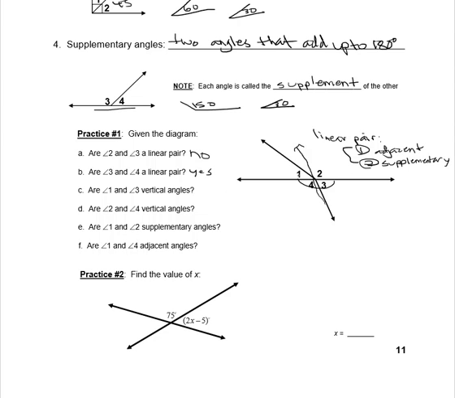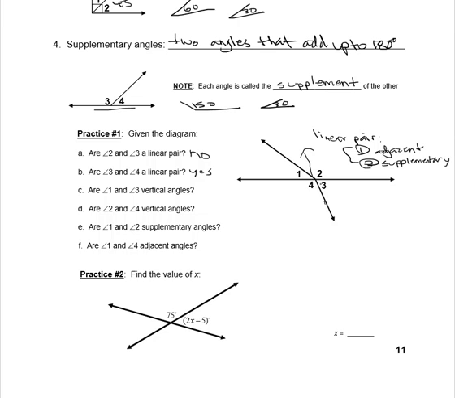Are 1 and 3 vertical angles? They look awfully close. In fact, let me erase the other markings so as not to confuse you. Okay, so coming back here. If I look at 1 and 3, this line is supposed to come up like this, but it doesn't.